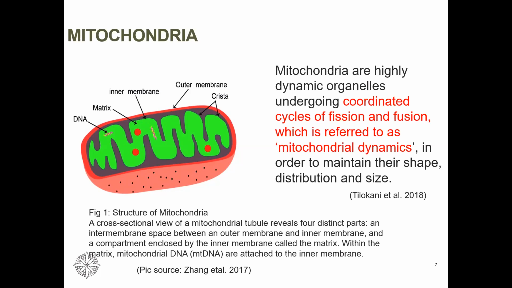What do we mean by dynamic? As the slide is commenting, they are doing something we know as fission and fusion. It has nothing to do with nuclear fission and fusion, but they have their own way of what I see as dancing.